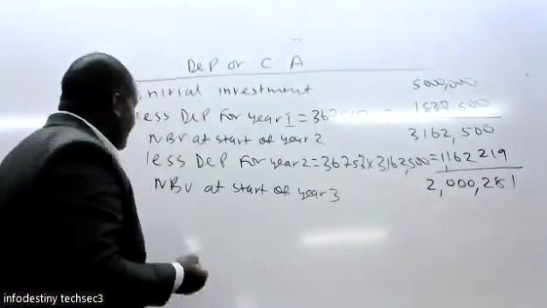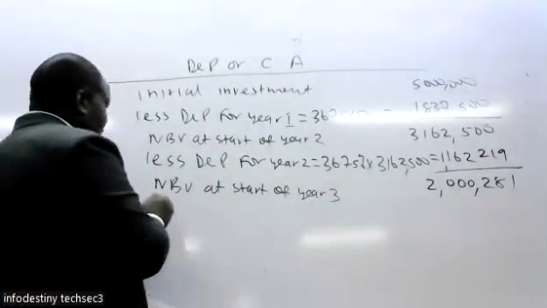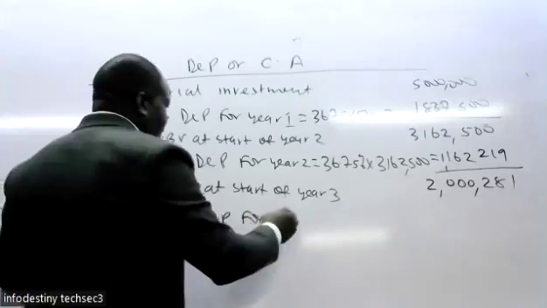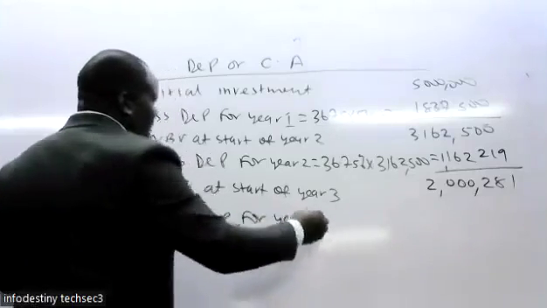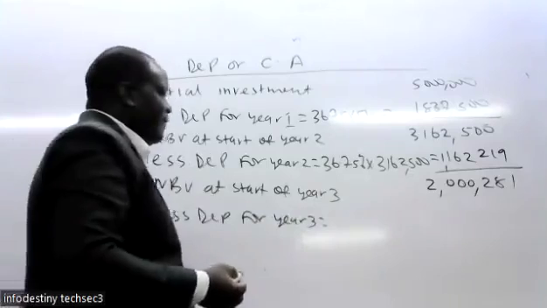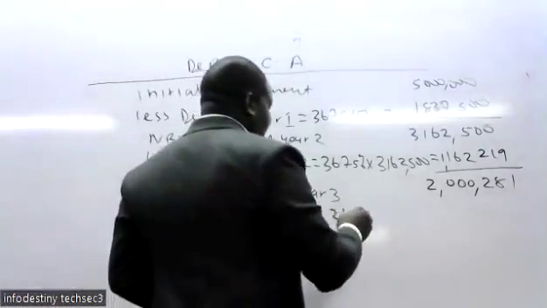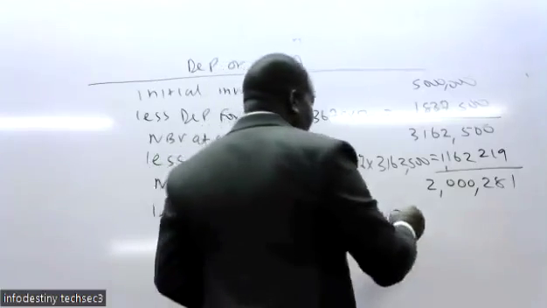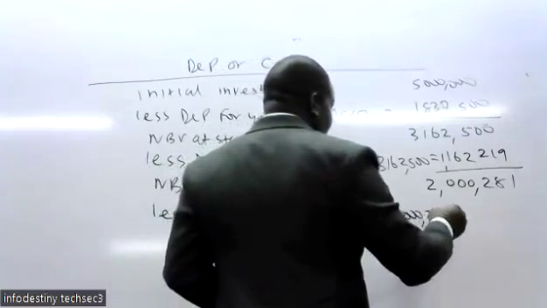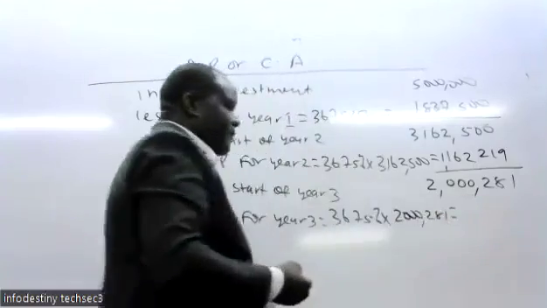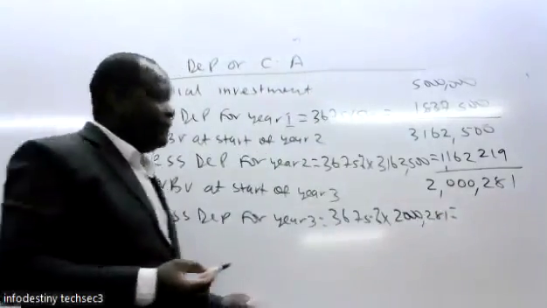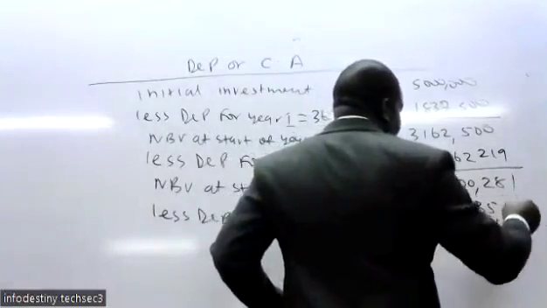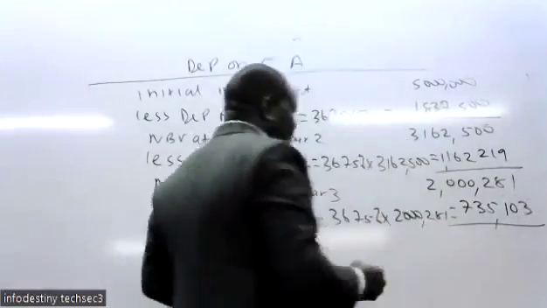Now we deduct the depreciation for year 3, where we also get 36.75% of 2 million, which is 735,103.